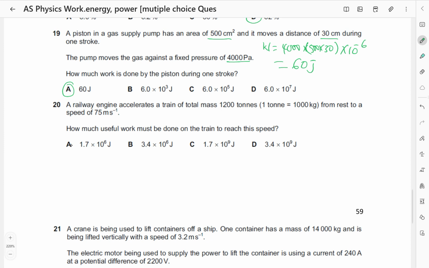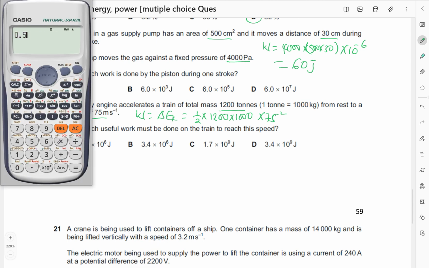A railway engine accelerates a train of total mass 1,200 tons from rest to a speed of 75 meters per second. How much useful work must be done on the train to reach this speed? So work done is going to be equal to the change in the kinetic energy. So this is going to be a half. The mass is 1,200 times 1,000 to change it to kilograms. That is mass. Then times v squared. So times 75 squared.